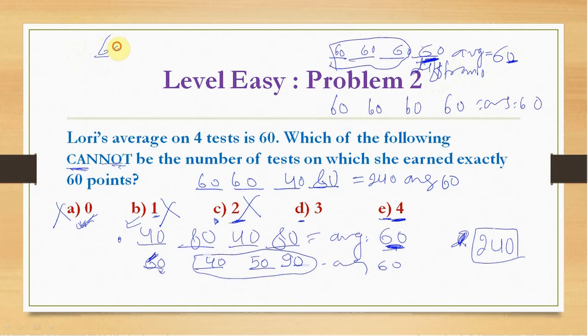For example, she obtained 60 on exactly 3 tests, but on the 4th test she did not earn 60. For example, she earned 58 only. Now the sum will not be 240, it will be 238, so the average won't be 60. So if she earns 60 on 3 tests, her score on the 4th test must be 60 automatically. So she cannot earn 60 on exactly 3 tests only. So this is our correct answer.